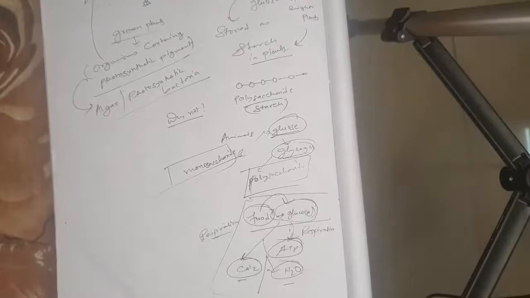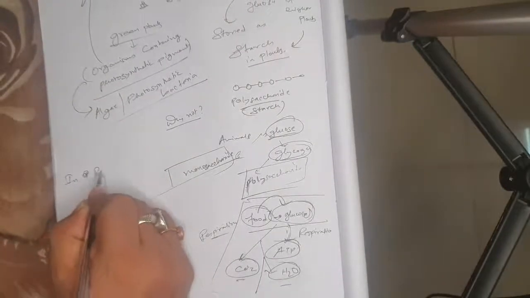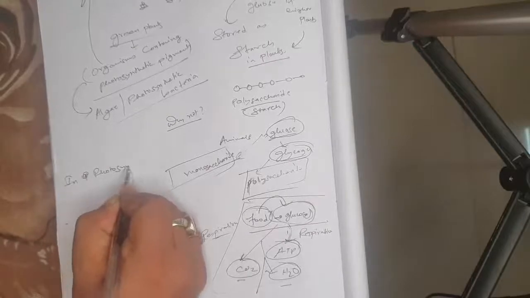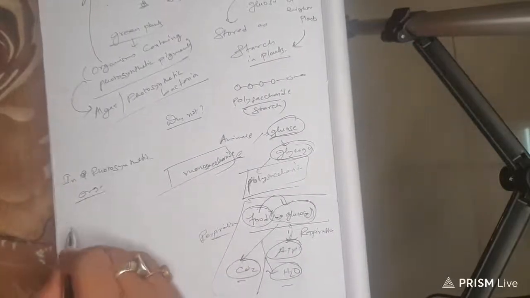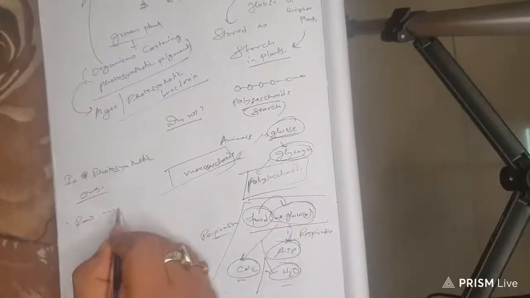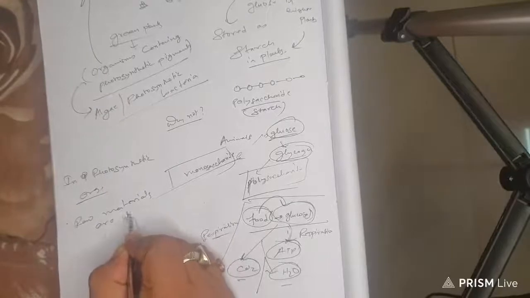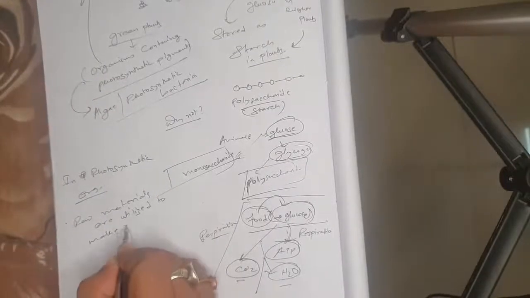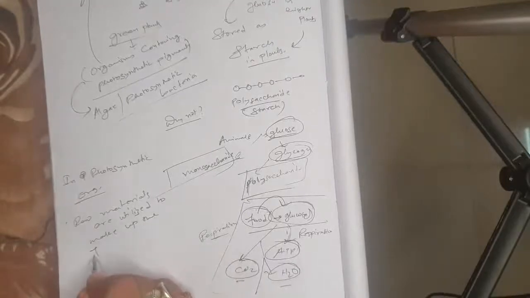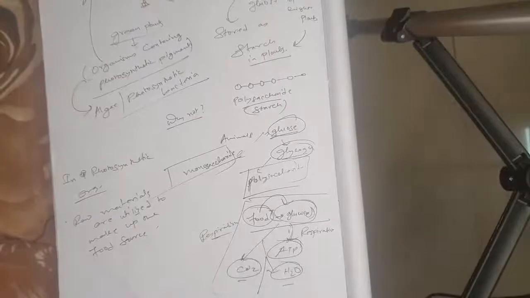Okay, but in plants or in photosynthetic organisms, raw materials are utilized to make up the food source. Means they make their own food, like the kids say.